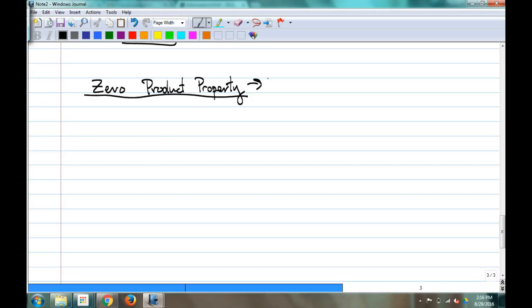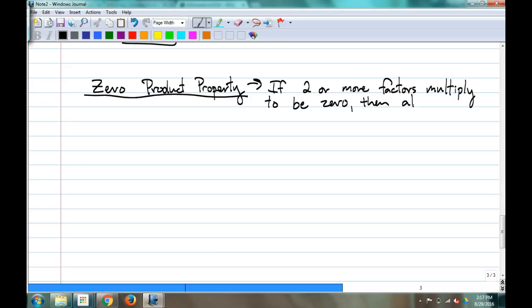What the zero product property says: if two or more factors multiply to be 0, then at least one of the factors is 0.